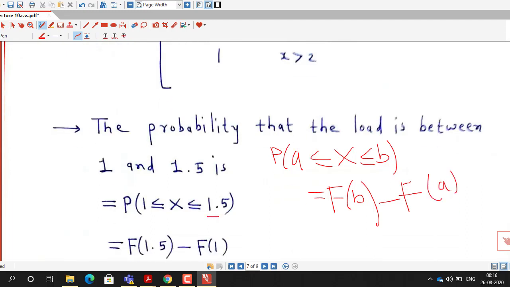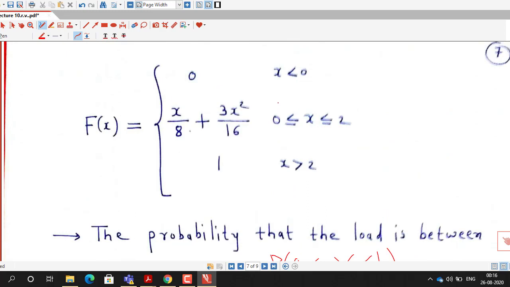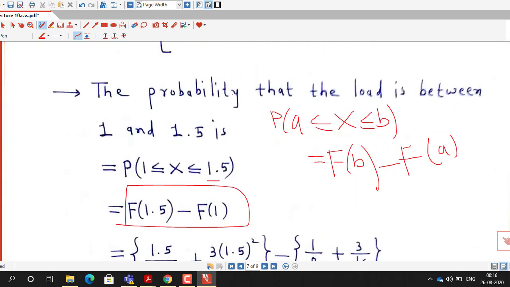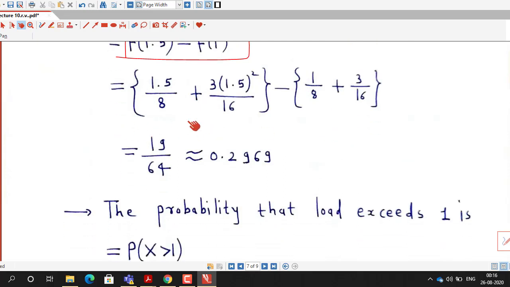So here we put F of 1.5 minus F of 1, and we can calculate this from the CDF. F of 1.5 is between 0 and 2, so we put x equal to 1.5, and similarly F of 1 by taking x equal to 1. After simplification, this is 19 by 64.